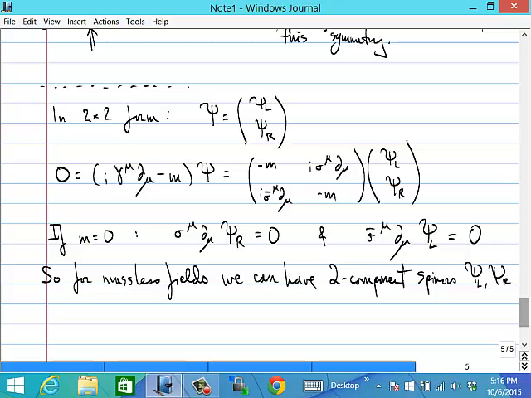So in particular, you wouldn't need to consider both psi left and psi right. You could consider them each individually. And psi left and psi right are referred to as left and right-handed Weyl spinors.